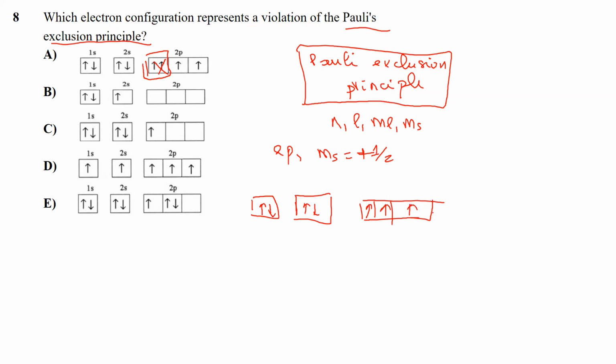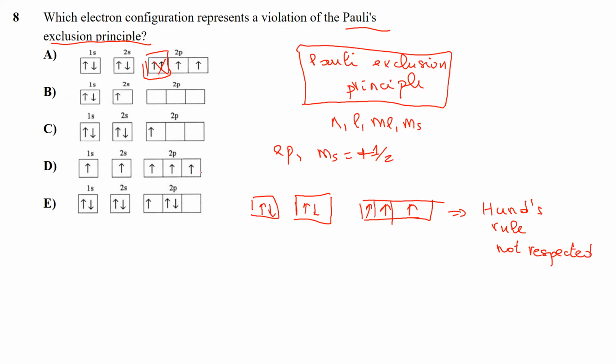So the correct one will be like this. These two electrons don't have the same spin quantum number, even if they are in the same orbital, so they don't have all four equal. But the Hund rule is not respected, while the Pauli principle is respected.